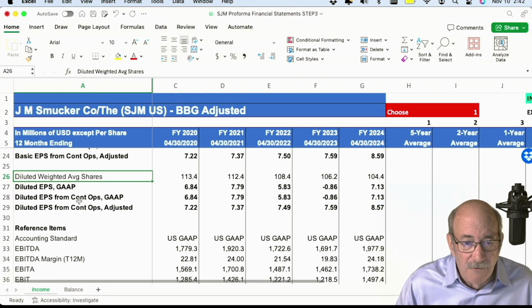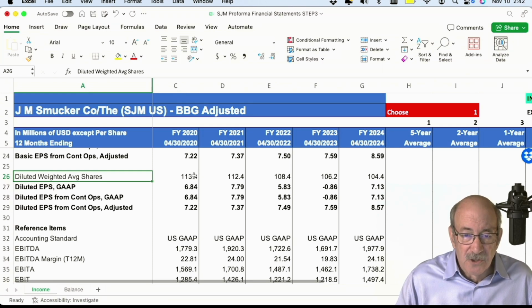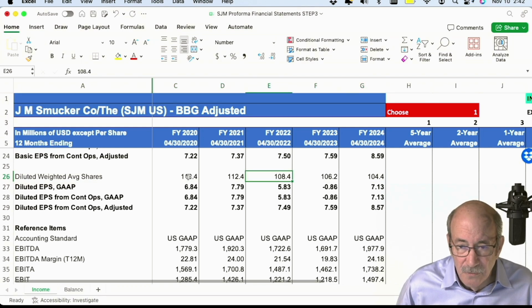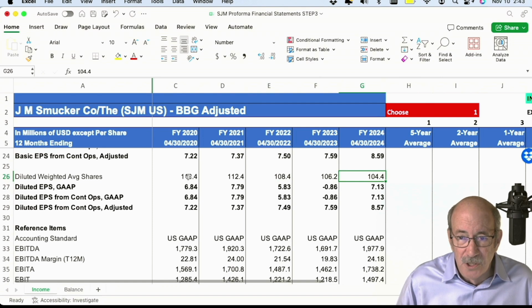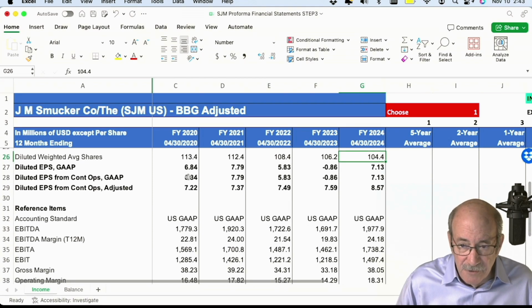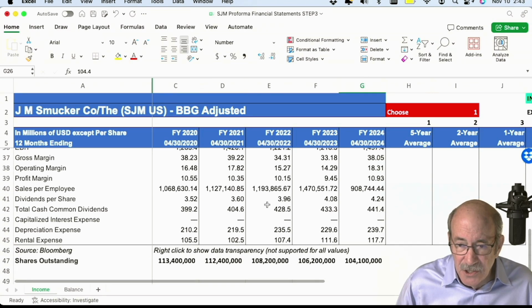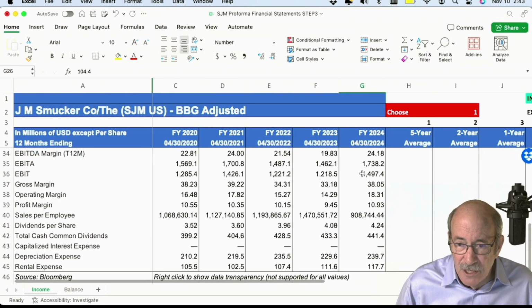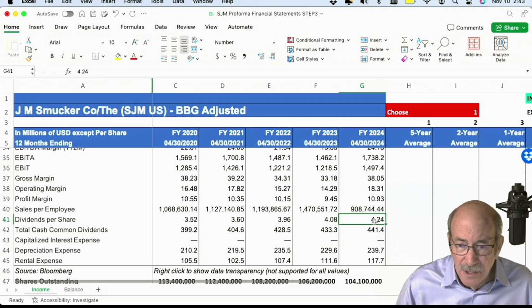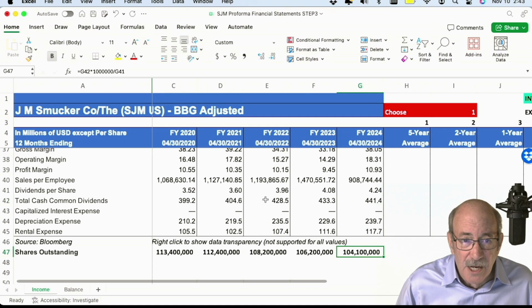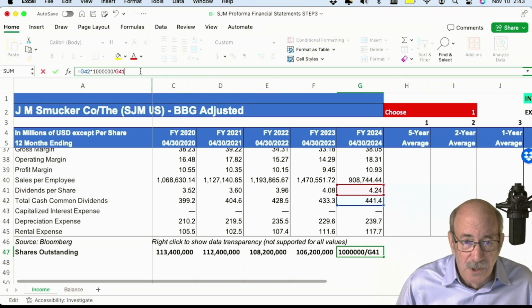Diluted weighted average shares. So that's actually shares outstanding in millions again. So 104.4 million shares outstanding on average in fiscal year 2024. I actually did that calculation on the basis of the dividend and the aggregate dividend payment, and I came up with a number very close to what they have.